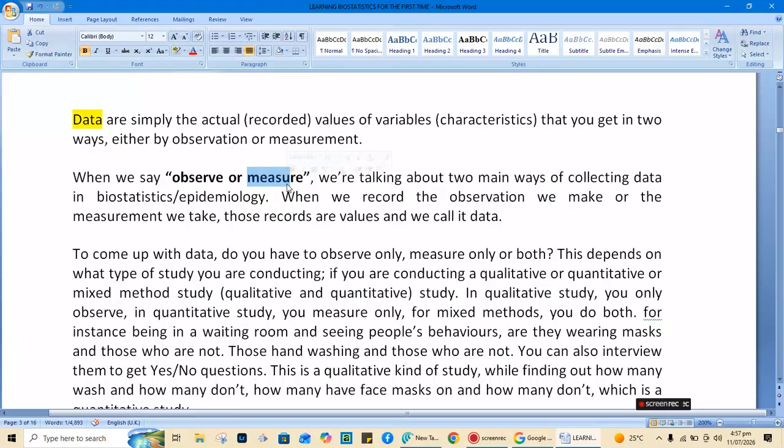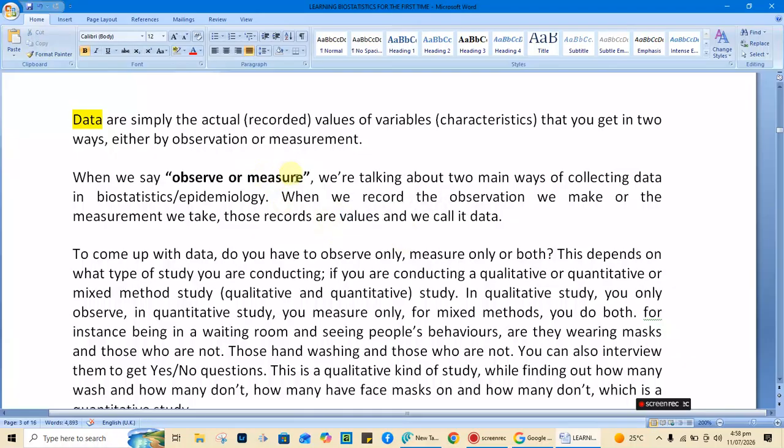So what determines the kind of data you're going to collect, whether data through observation, qualitative, or data through measurement, quantitative? It depends on the question of your study. For example, if you are trying to find out the number of people affected by malaria in an area, that question points you to finding out how many, in terms of quantity.